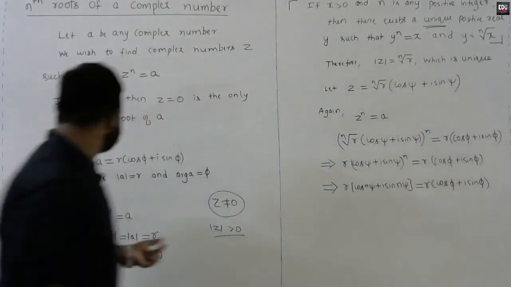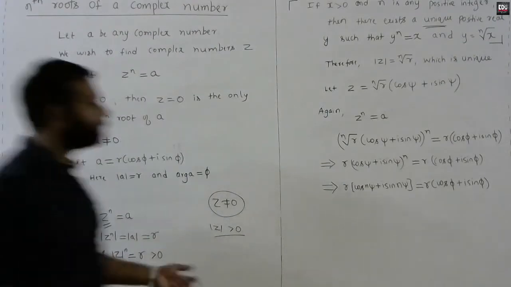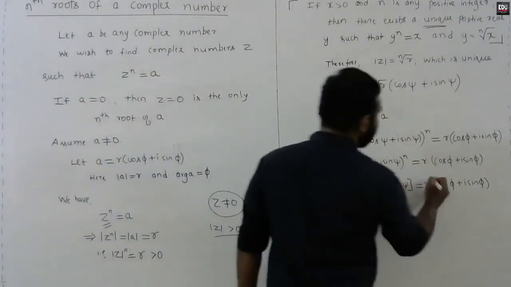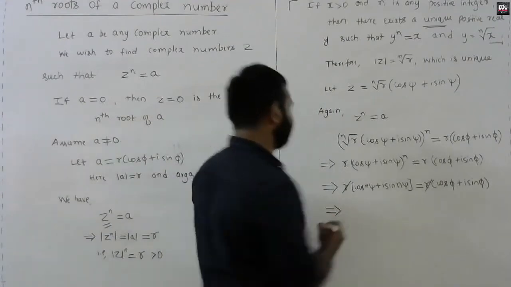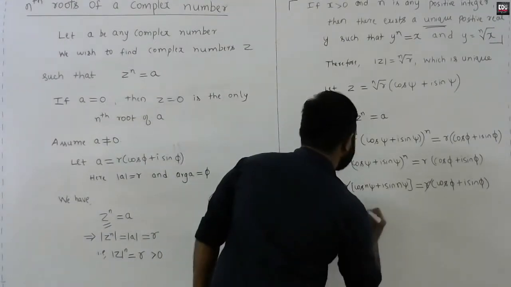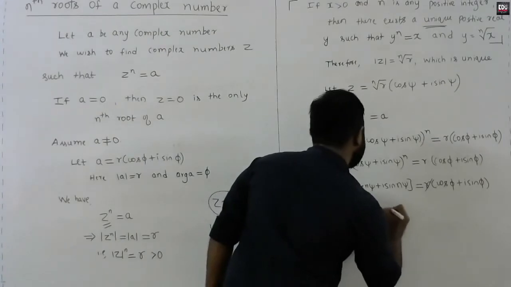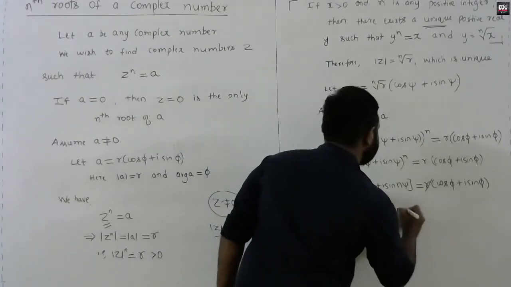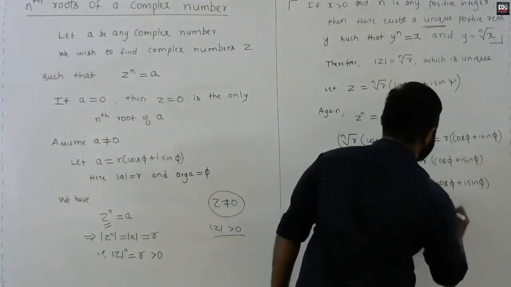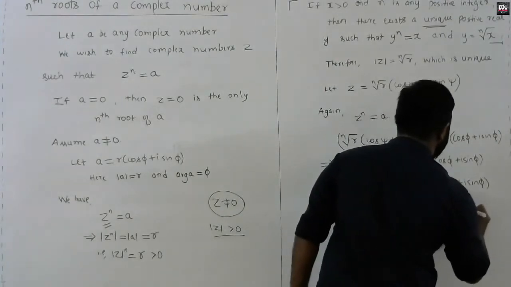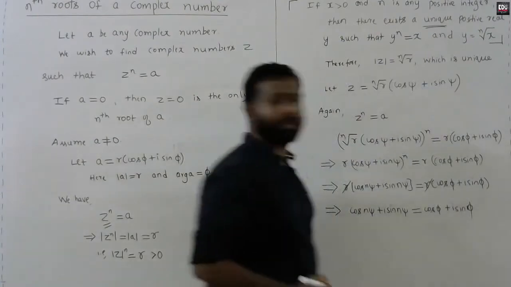Now, as R is a positive number, I can cancel it on both sides. Which implies cos N psi plus I sin N psi equals cos phi plus I sin phi.